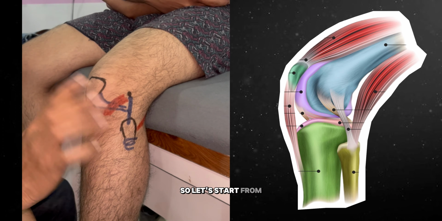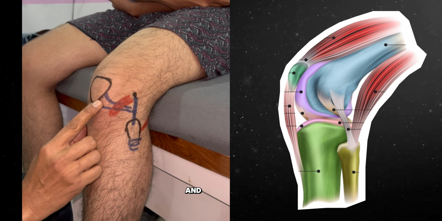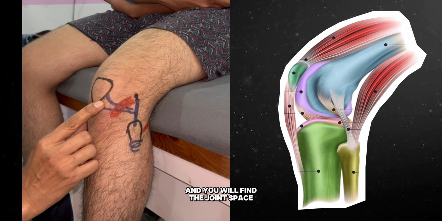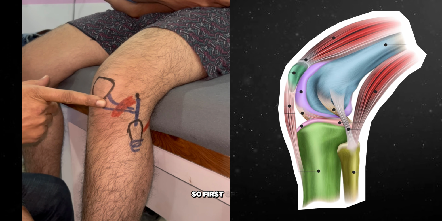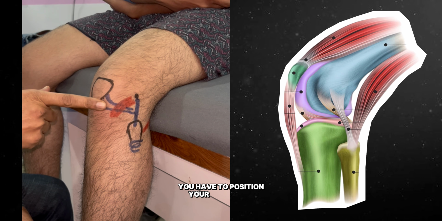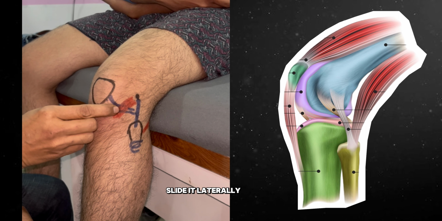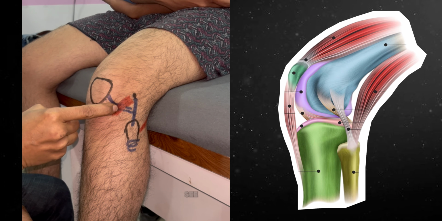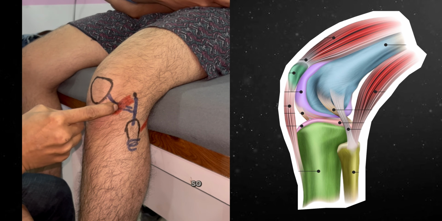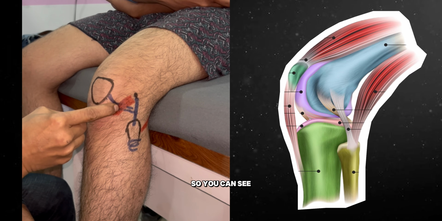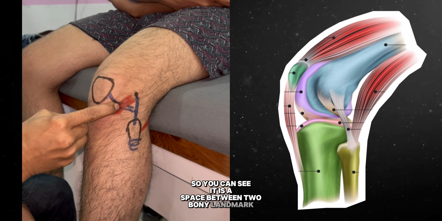So let's start from the anterior. First identify the apex of the patella, and you will find the joint space just adjacent to the apex of the patella. First of all you have to position your finger pad like this, slide it laterally, identify the joint space. See, this is going in, so you can see it is a space between two bony landmarks.